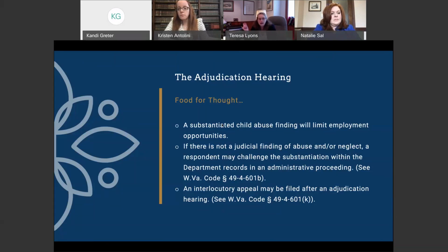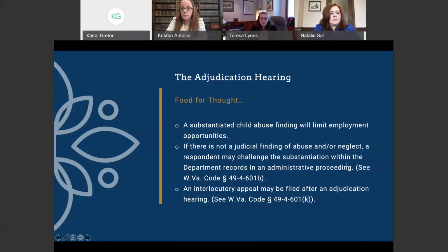And finally, a parent can appeal an adverse finding at adjudication. Usually this arises when a parent has abused a child to the extent that the case for the parent will be pretty much over if a finding of abuse or neglect is made by the court.